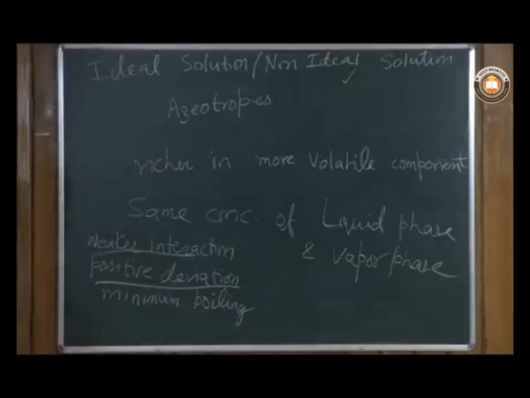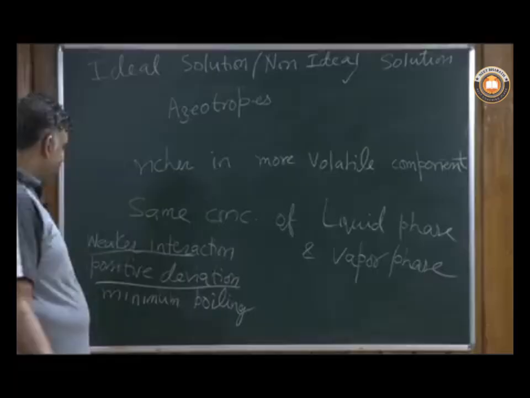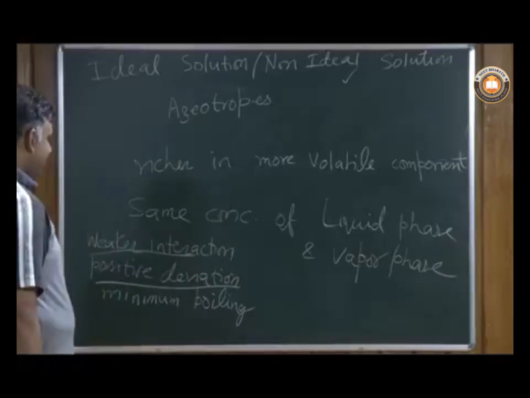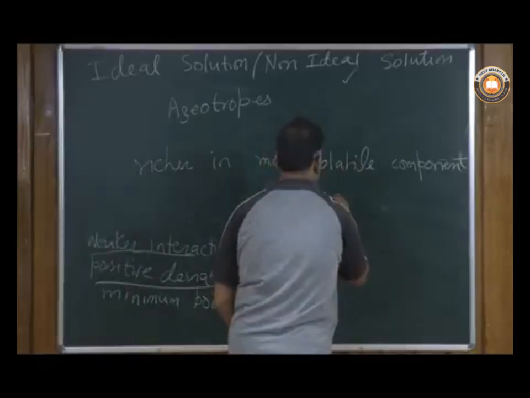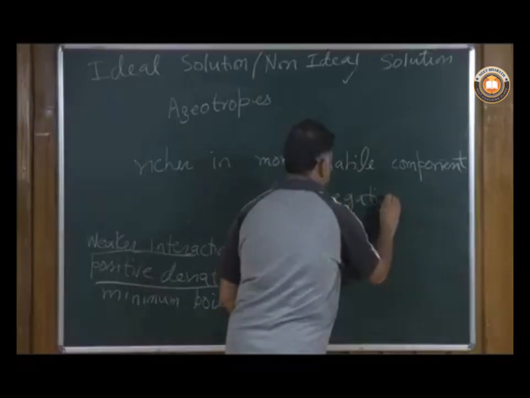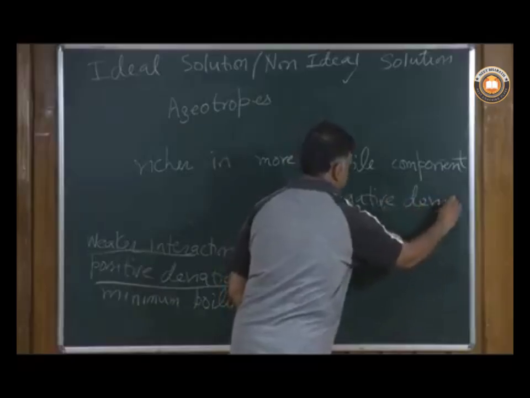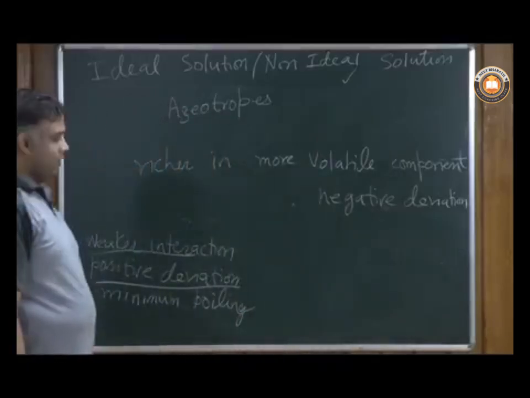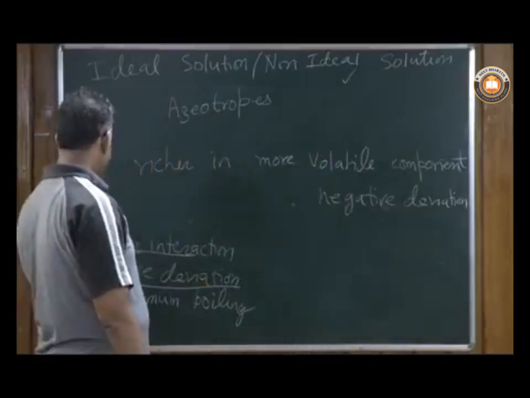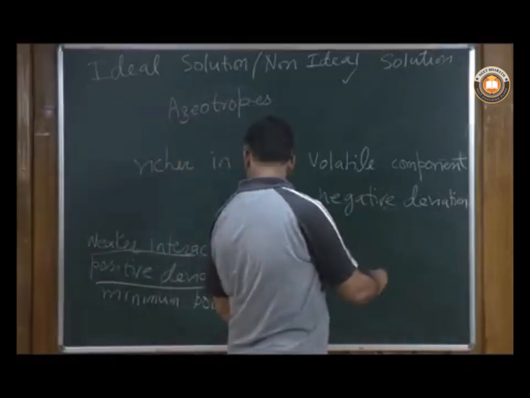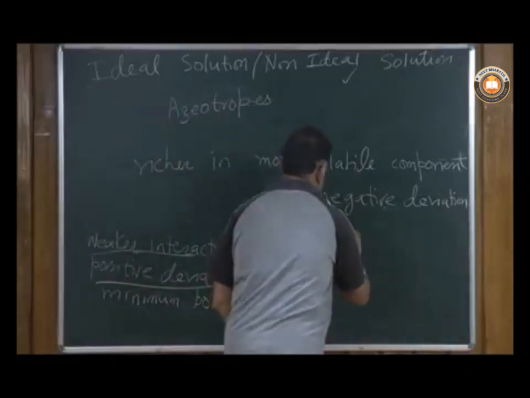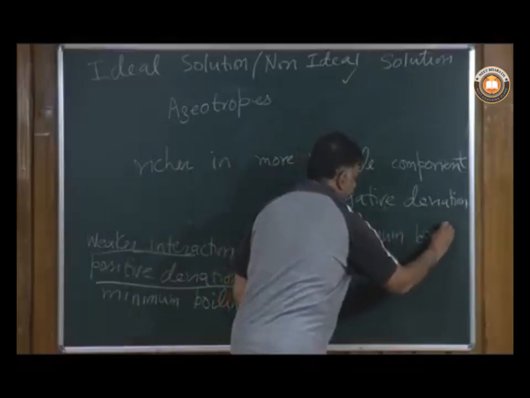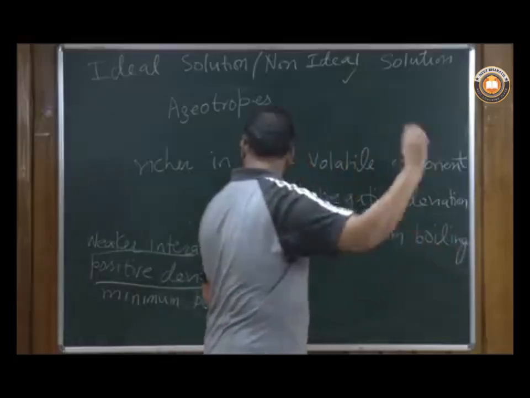And similarly, if we have a stronger interaction between A and B compared to the interaction between A and A or B and B, then we have a negative deviation, that is, the vapor pressure is lower than what it would be if calculated using Raoult's law, and then we are going to get maximum boiling azeotropes.